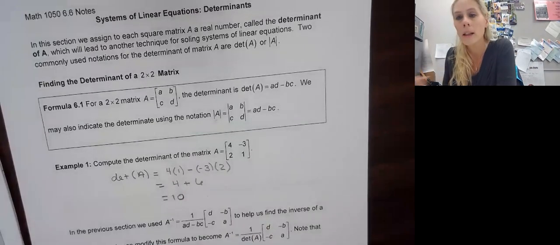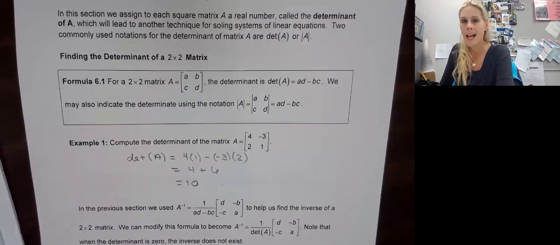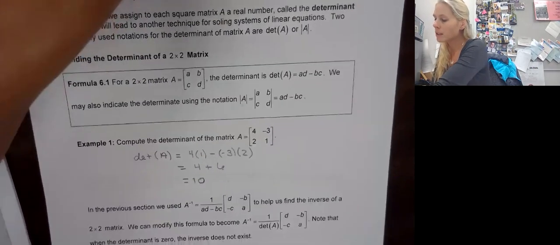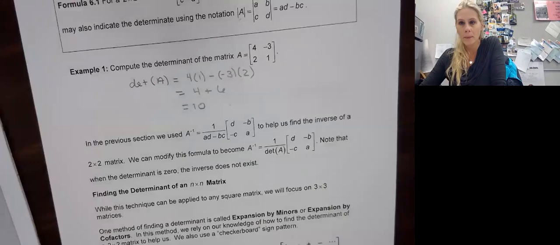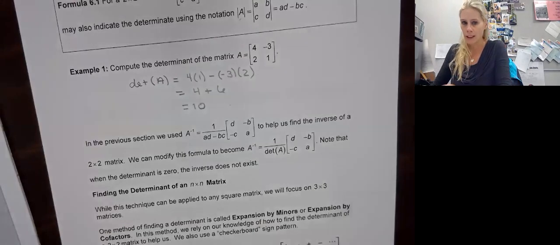So the determinant of this matrix A is 10. So as you can see, we've seen the determinant before. We used it when we solved for inverses, okay?